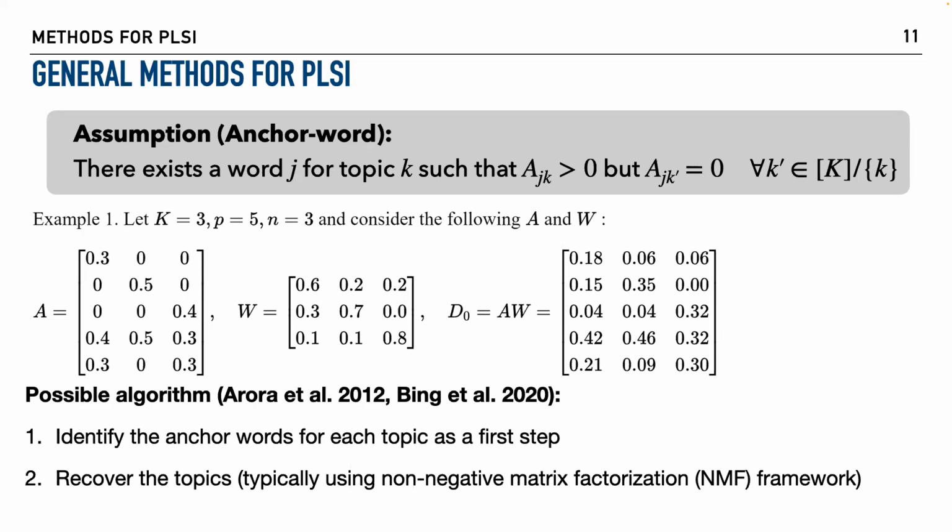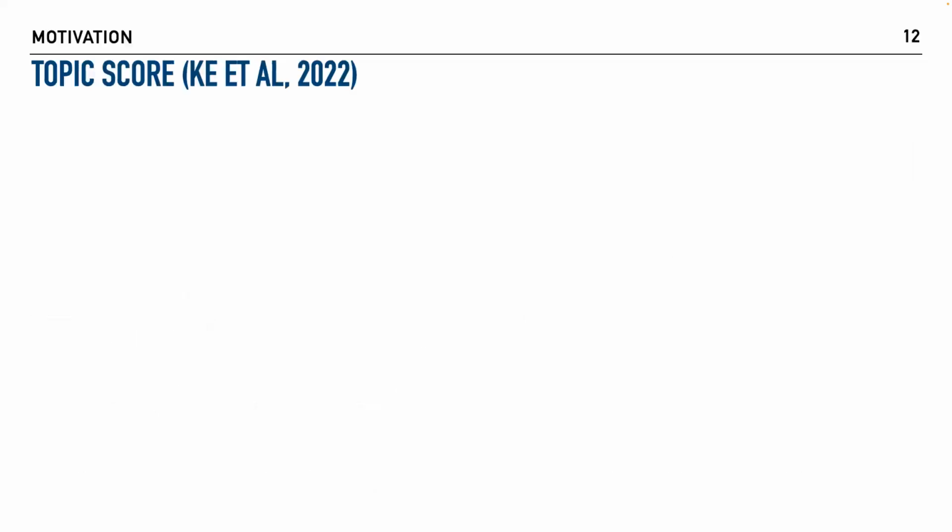That is always the same method: the anchor words are the thing that you estimate first, and then you recover the topics. So in particular, today, I want to talk a little more about a recent method based on the same premise: first recover the anchor words, then estimate the rest.